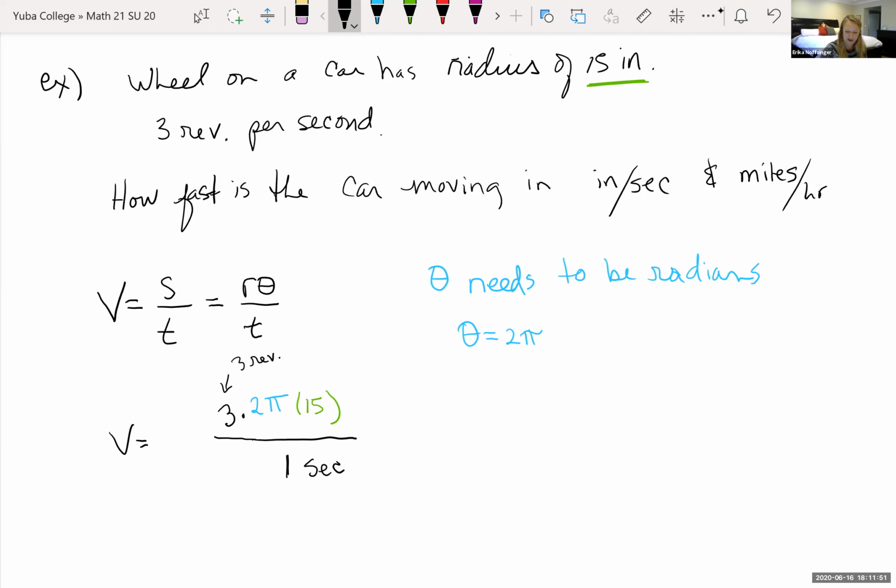So if I multiply that out, 3 times 2 pi is 6 pi, 6 times 15, that gives us 90 pi all over 1 sec. So if we do 90 times pi, this gives you approximately 282.7 inches that you're moving per second.